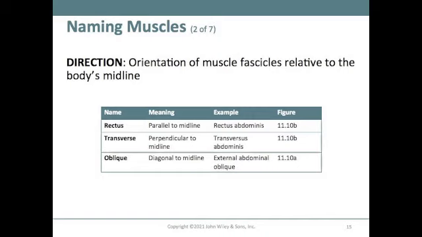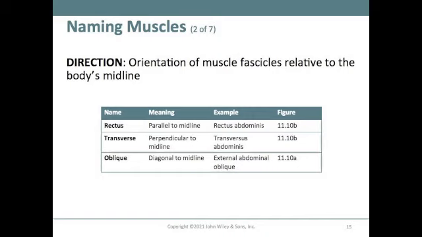And that reminds me of another important thing I forgot to mention at the beginning, remember we have the axial skeleton and then we have the appendicular skeleton. Axial muscles are going to be related to the midline or the center of the body. They're going to work with the axial skeleton, and then the appendicular muscles work on the appendages of your body.